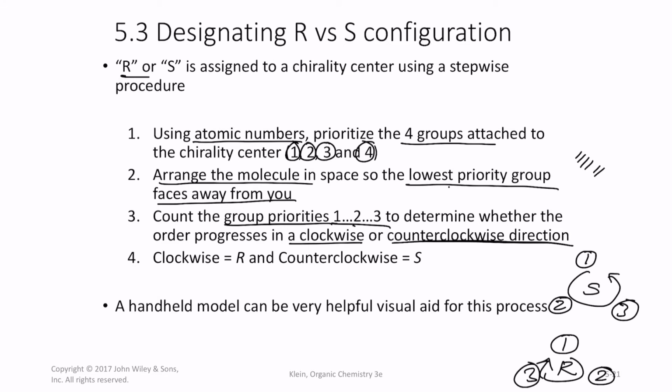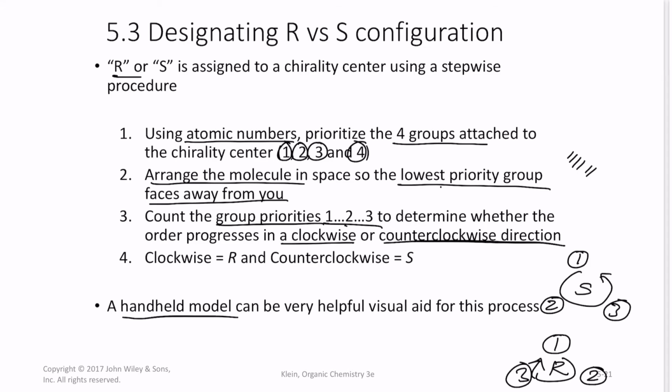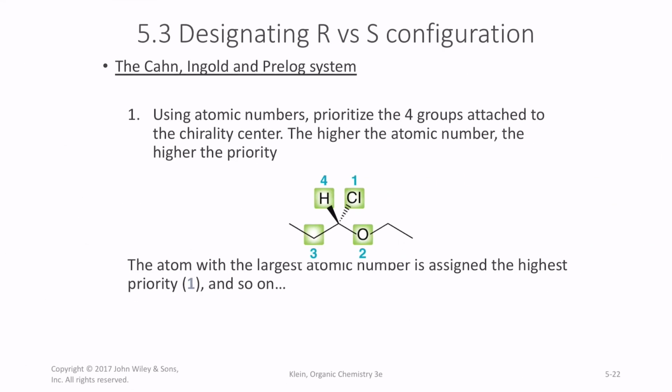One way to exactly understand this is by a handheld model, but I'll try my best to help you understand how this structure can be determined. So let's take a simple example. Let's say we have a molecule that looks like this. The first thing that we do is to prioritize the 4 groups. Prioritization gives the highest atomic number the highest priority.